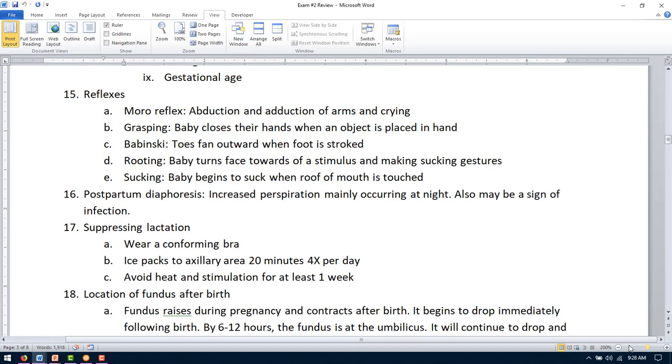All we do basically is support mom, give supportive measures, treat the symptoms, help her change her gown, get her clean bedding, and just let her know that this can be a normal thing. Or, if you take her temperature and it's fine, say, yep, this is a normal thing. Moms do this, just trying to get rid of all that fluid, because when you're pregnant, you get 50% more blood volume and the body has to get rid of it somehow.